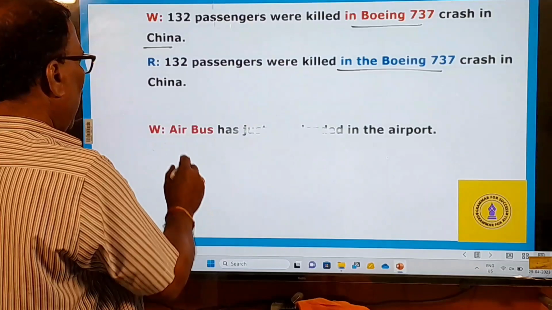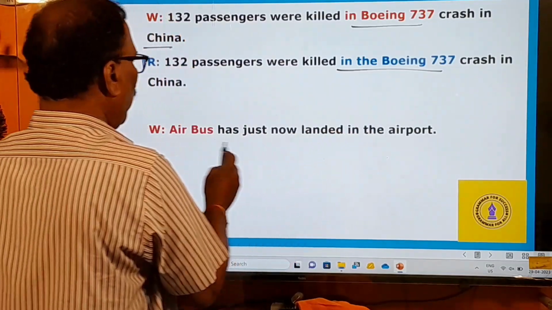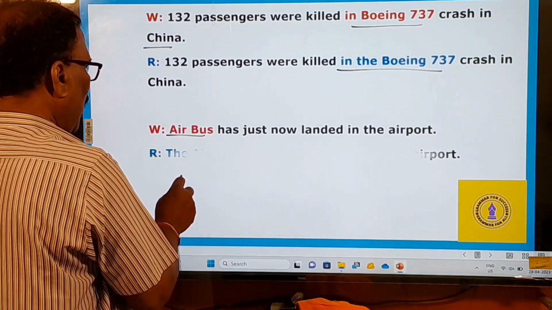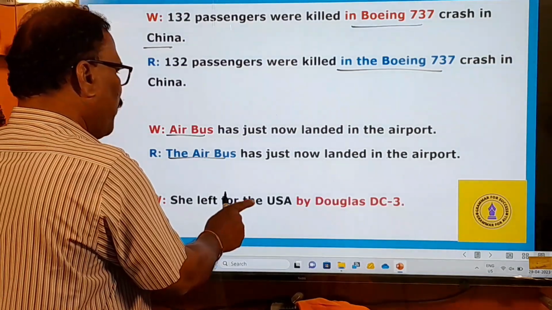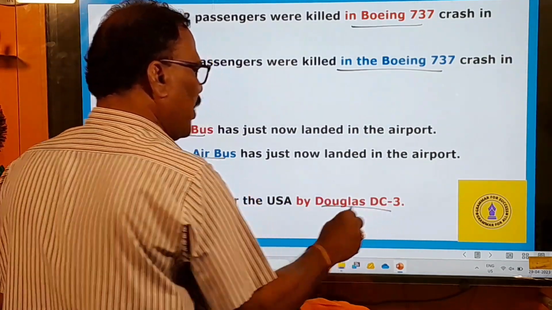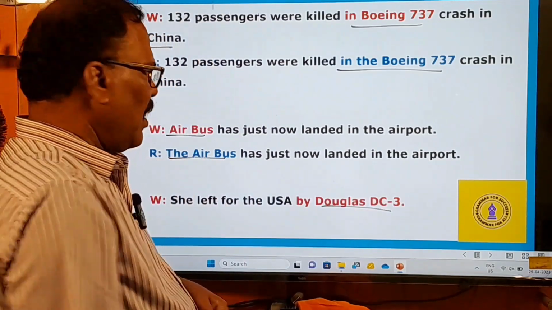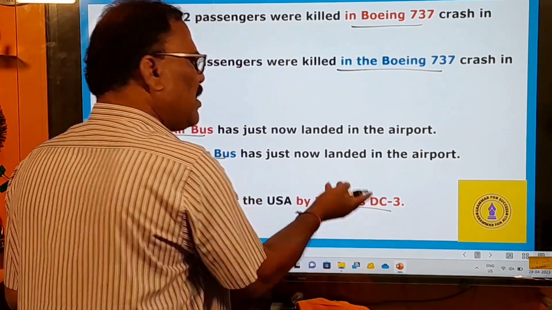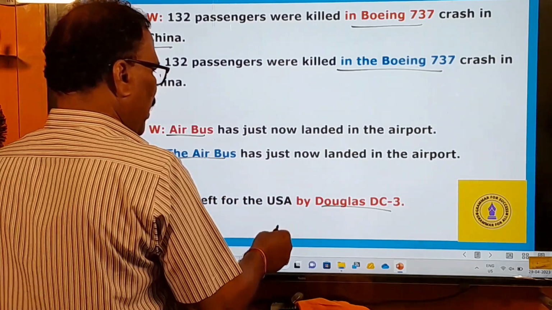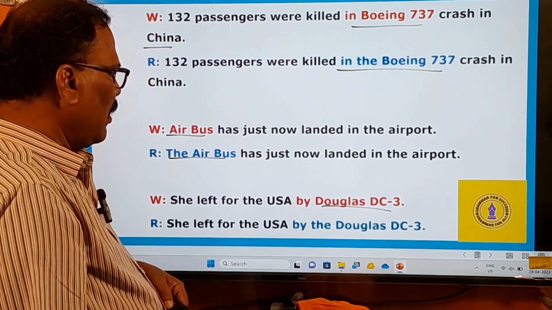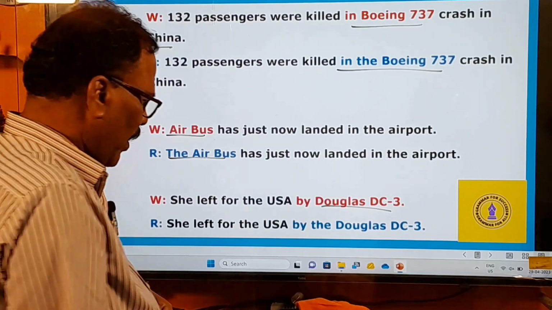And here, the Airbus has just now landed in the airport. She left for the USA by the Douglas DC-3. Douglas DC-3 is the name of one flight, and therefore by the Douglas DC-3. Okay, right.